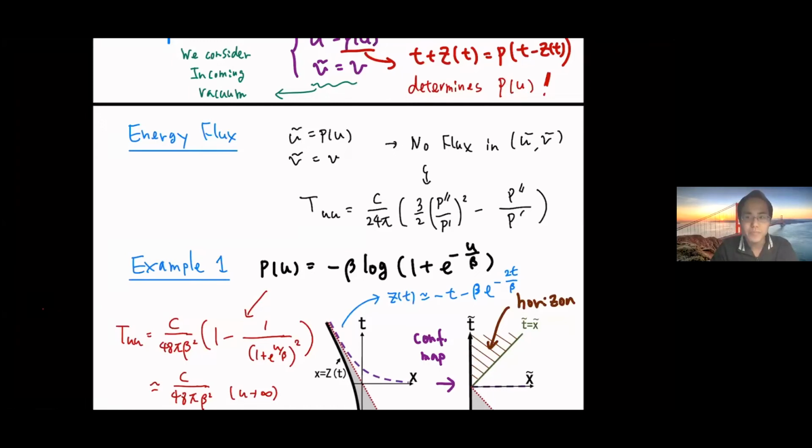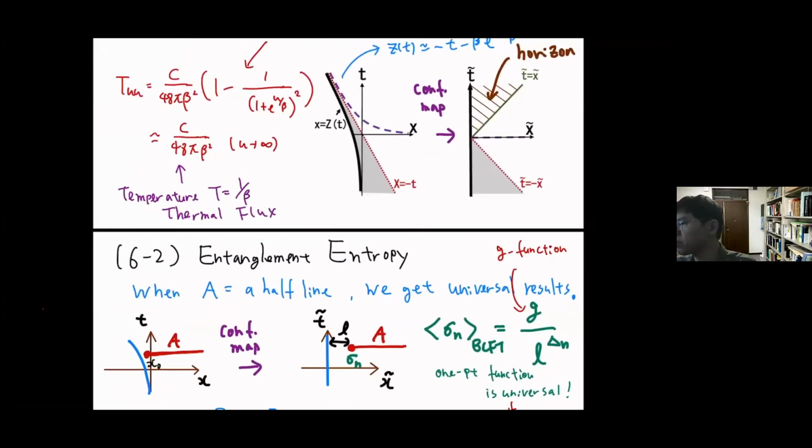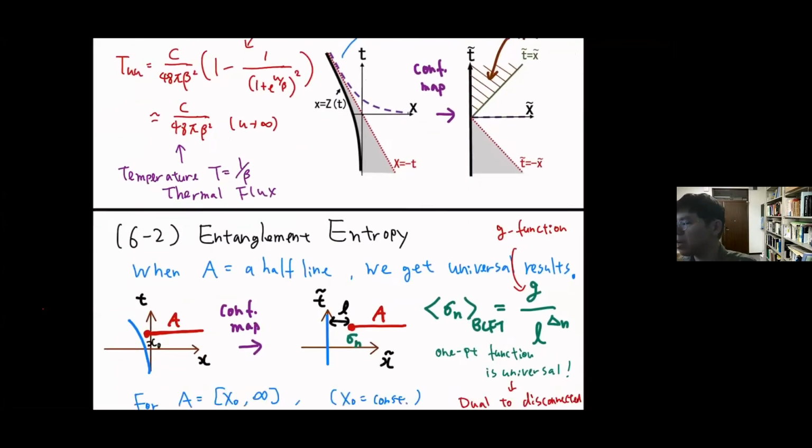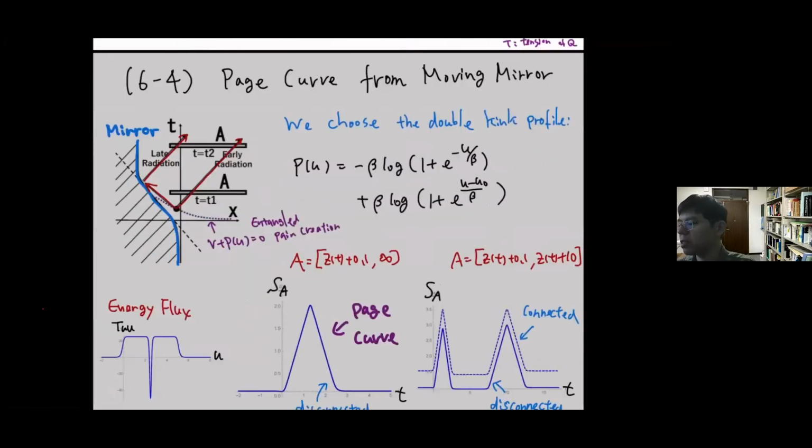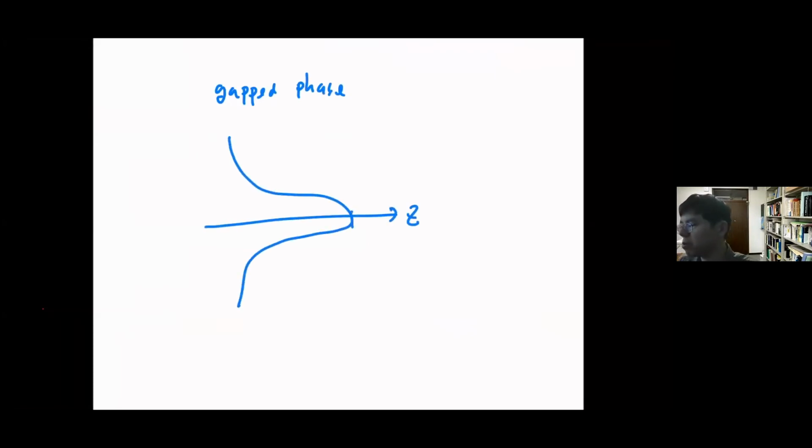The gapped phase is described by sort of an AdS soliton. Typically a gapped AdS/CFT phase is like AdS space, but with some kind of tip, a capped-off geometry.